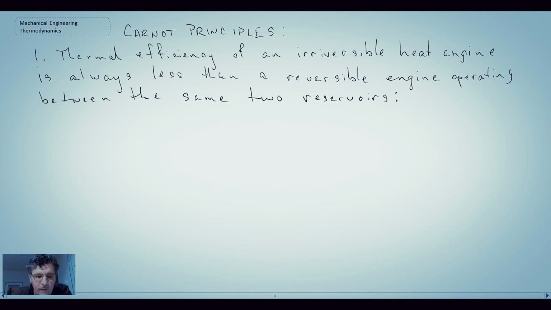So the first comment that we can make is that the thermal efficiency of an irreversible heat engine is always going to be less than the thermal efficiency of a reversible engine, the Carnot heat engine being a reversible heat engine. So that's the best that we can possibly do, would be the reversible. In reality, we will never achieve it.